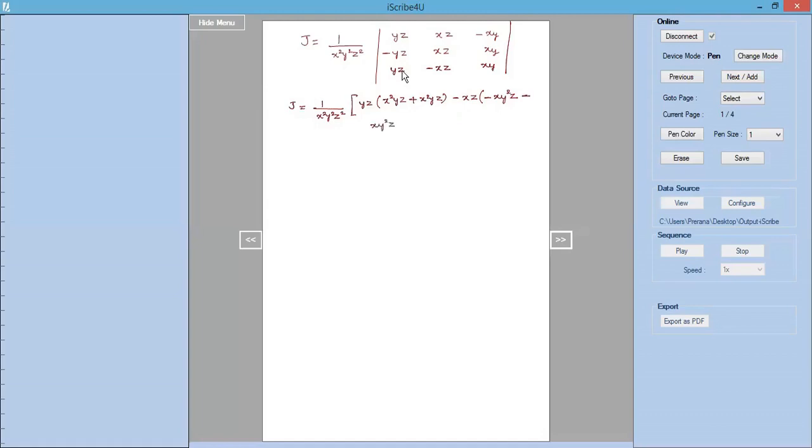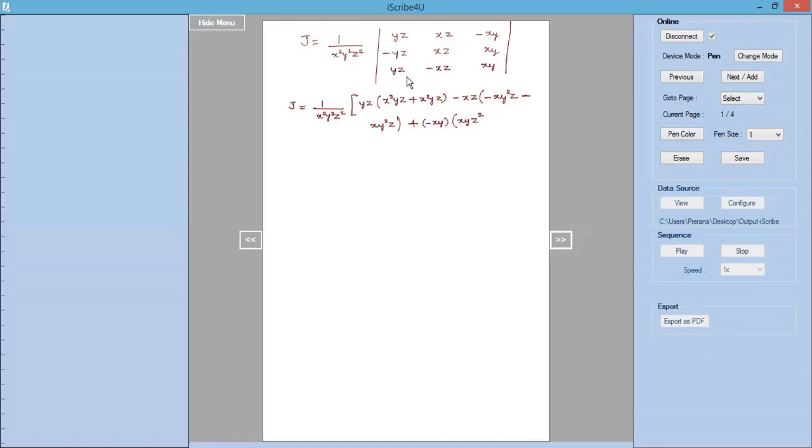xy square z, and the last term is plus of minus xy multiplied by this minus xy. Then we have minus yz into minus xz, which gives us positive xyz square, minus xyz square.